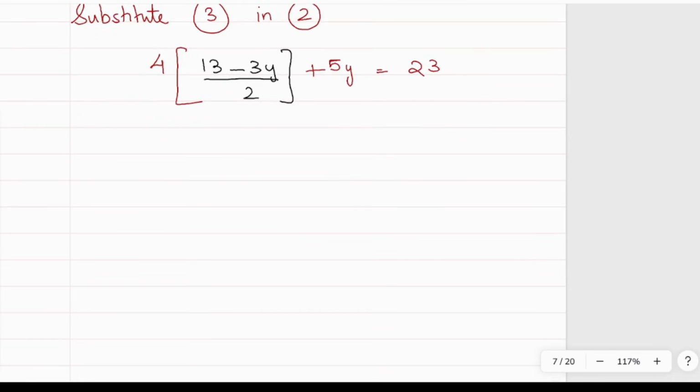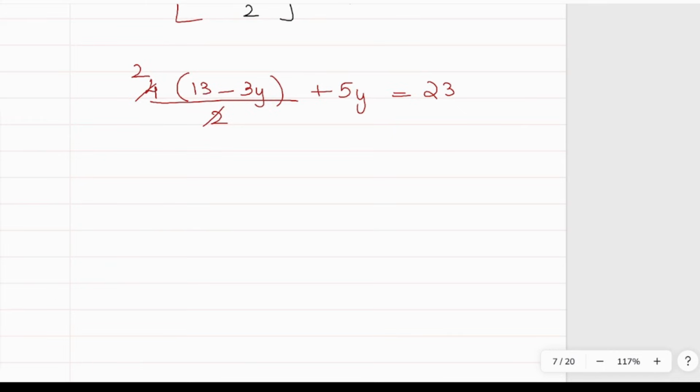Correct? Now I have to take 4 inside the bracket. 4 into 13 minus 3y, the whole divided by 2, means I can cancel this 4 and this 2, plus 5y which is equal to 23.